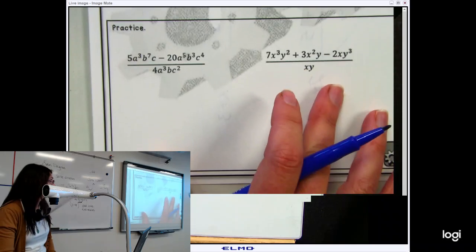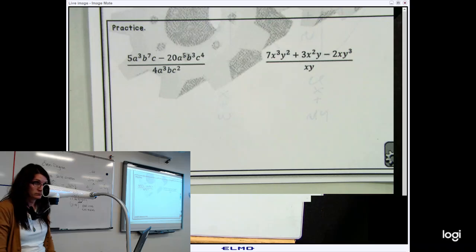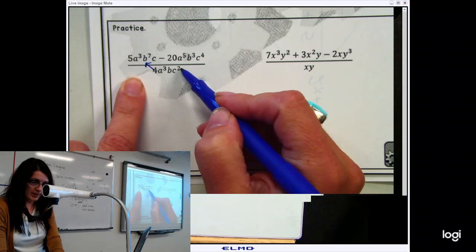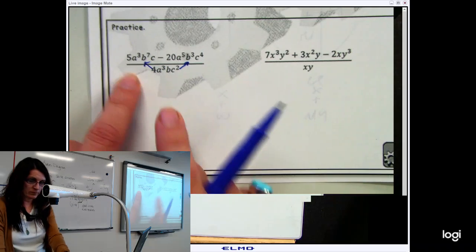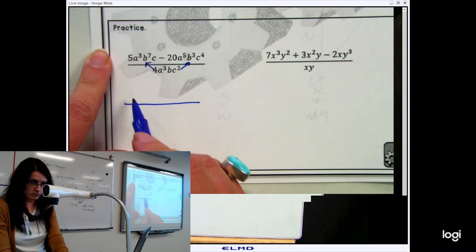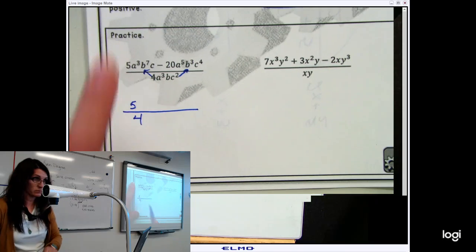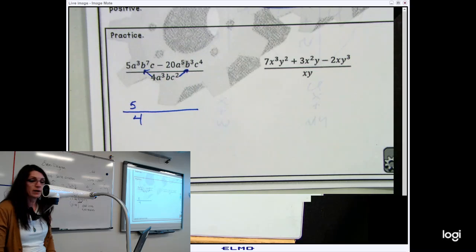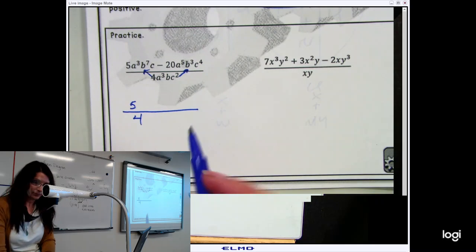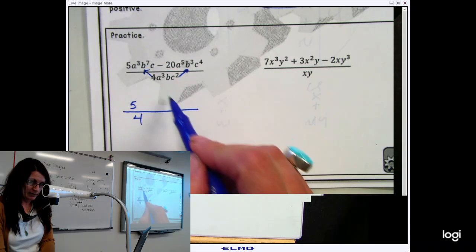Should we do this one in our head, though, and see? No objections? All right. So we're going to divide here, and we're going to divide here. Does 4 go into 5? No. So we're going to leave it as 5/4. What happens with my a's?